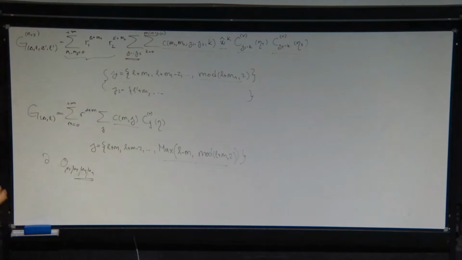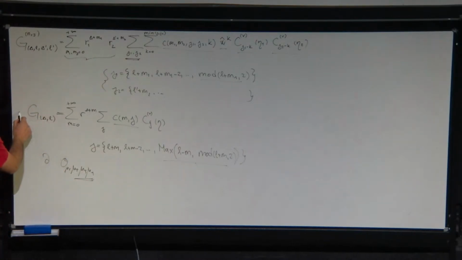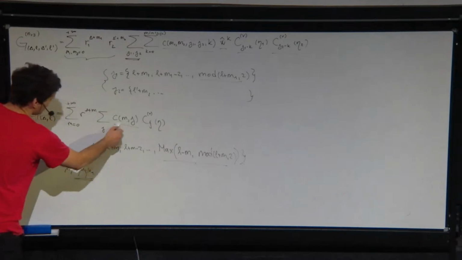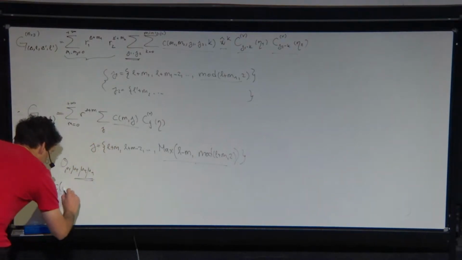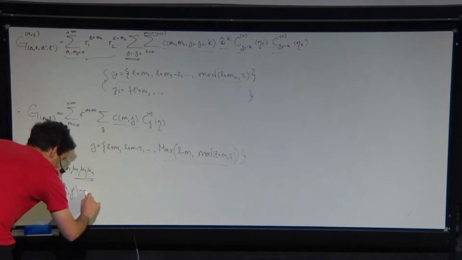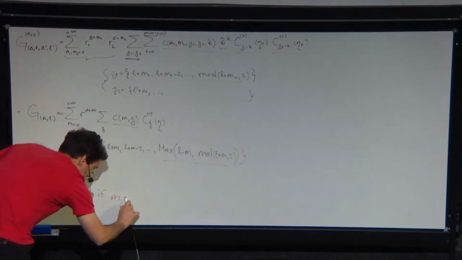And then on the same footing, in the case of 4-point functions, if you consider all identical external operators, then you conclude that only coefficients C_MJ with m even can be non-zero.